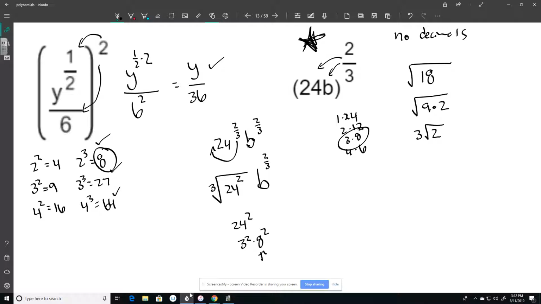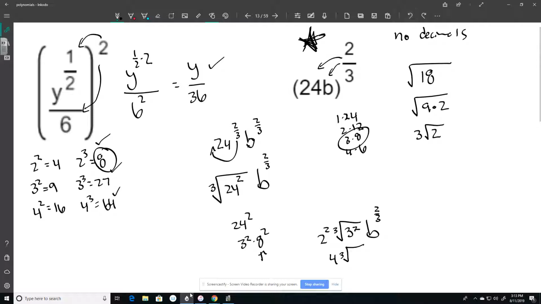is 2. Going backwards, I know that the cube root of 8 is 2. So I can pull that 8 squared into the front and change it to 2 squared of my cube root of 3 squared. I know it sounds messy and it's going to take some practice. 2 squared, that's 4. Cube root of 3 squared.